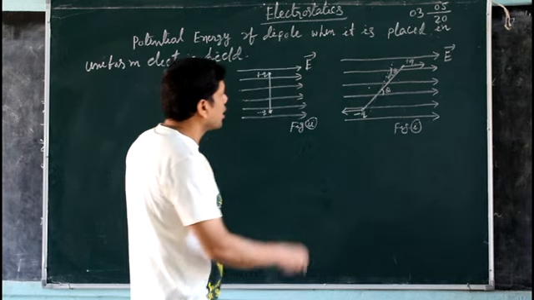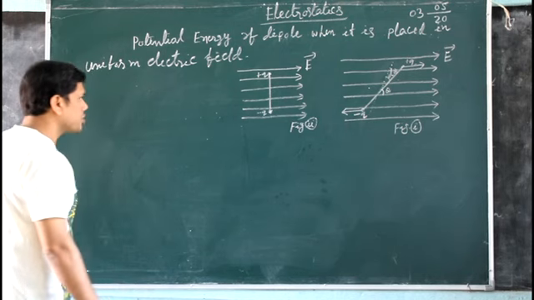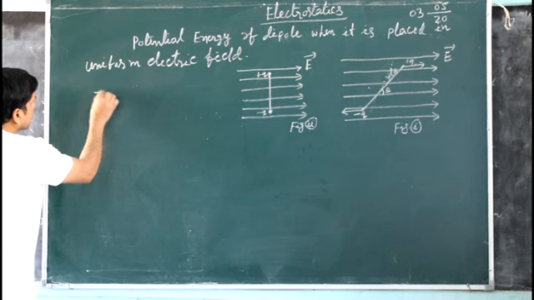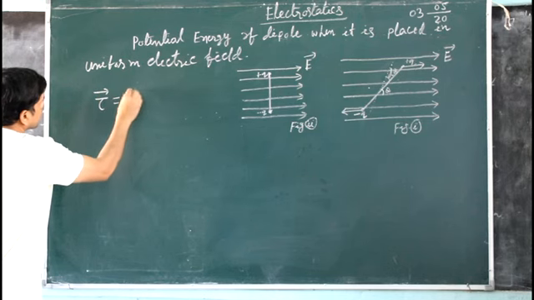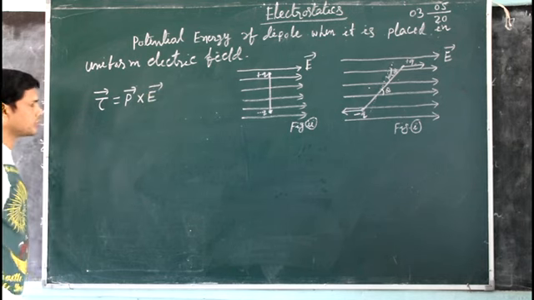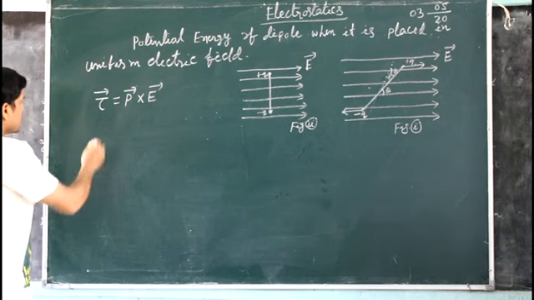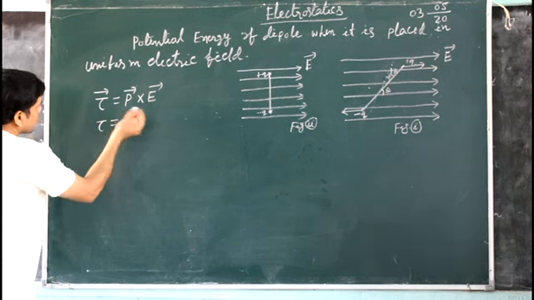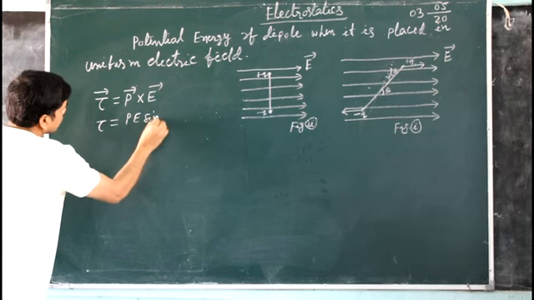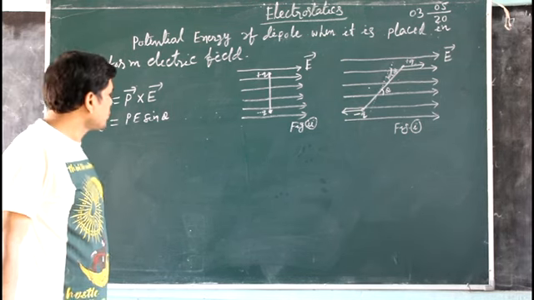When it is placed like this, it experiences torque. If that torque is denoted by vector tau, then vector tau equals vector P cross vector E. This is the expression of the torque already discussed. In scalar form, the magnitude of tau equals PE sin theta.